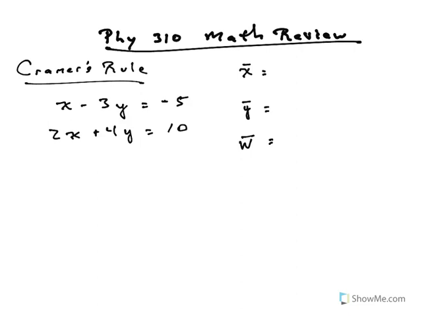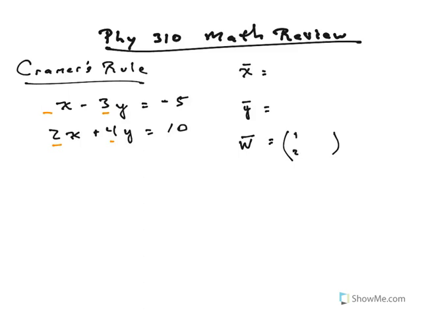How do we set up the matrices? We'll start with the W matrix first. That's the easiest. The W matrix is going to have elements which are nothing more than the coefficients in front of your variables in your equations. So the left column, the elements that go with the x variable, I've got 1 and 2.